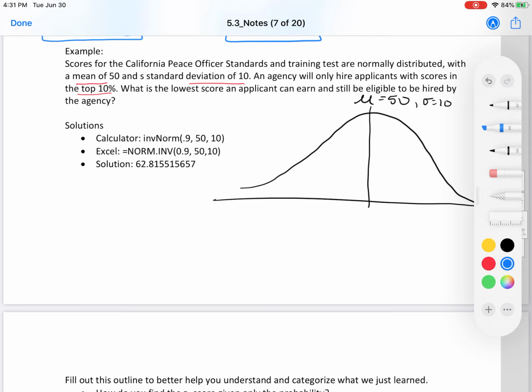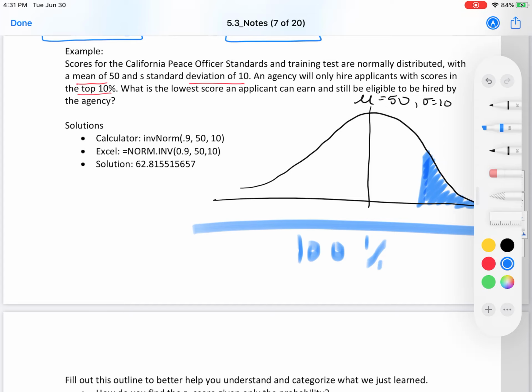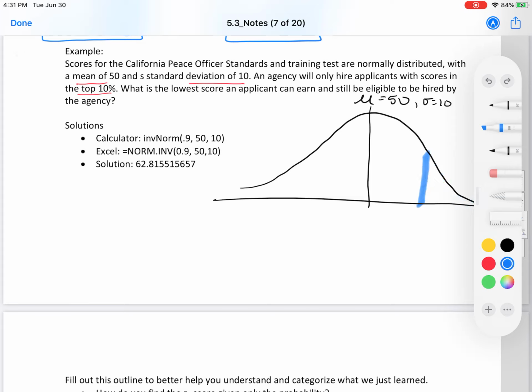And I want to find those applicants that are in the top 10%. Remember, the whole thing is 100%. We want the top 10%. So we can even be a bit more clever with this. If this marks the top 10%, wouldn't it just be the 90% mark?